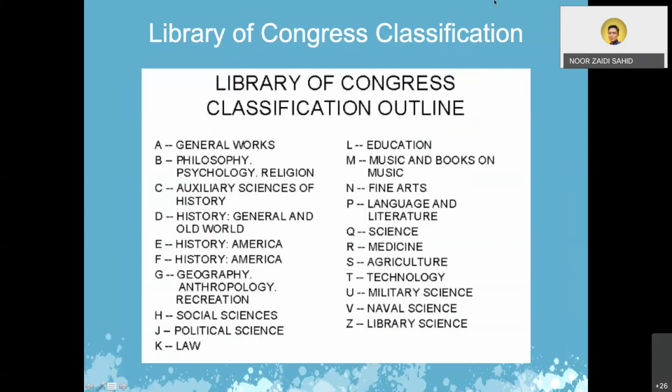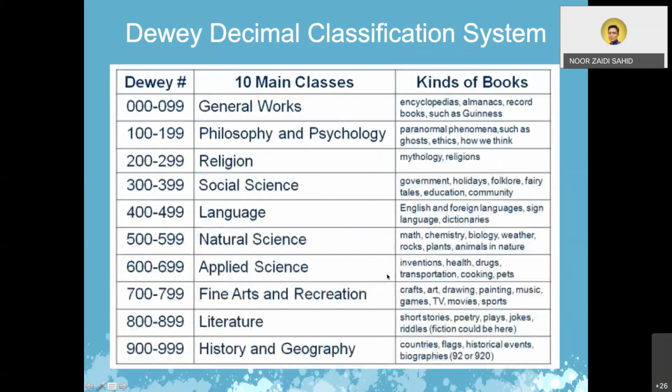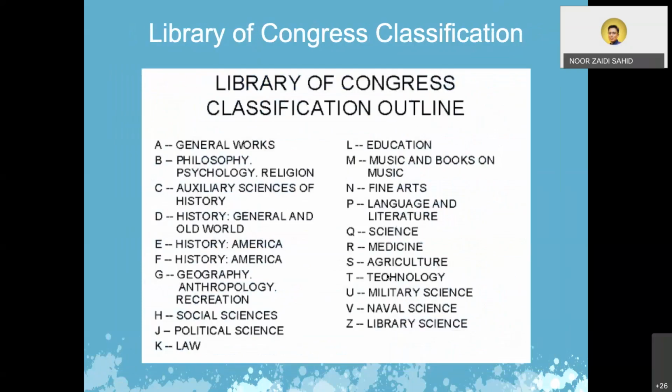So ini adalah alphabet that is selected to represent the area or the field of study. Kita panggil di sini sebagai kelas, the main class.